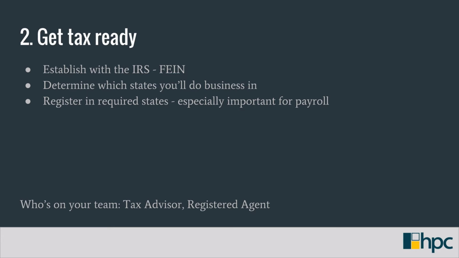The IRS here in the U.S. is federal taxes. It has nothing to do with states or local at all. Many of our clients are Delaware C corps, so they're legally formed in Delaware, but they hire their first employee in San Francisco. That's a norm. That is going to give them nexus, which we're going to talk about a little later.